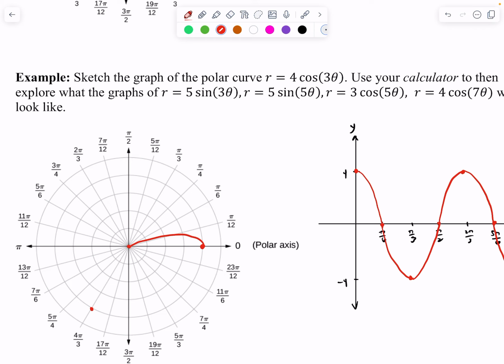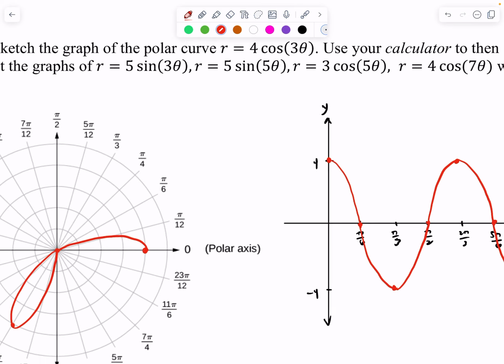Sorry, negative 4. So thinking about where those points would be, it would go like this. And then from pi over 3 to pi over 2, r is still negative. That would complete this petal.